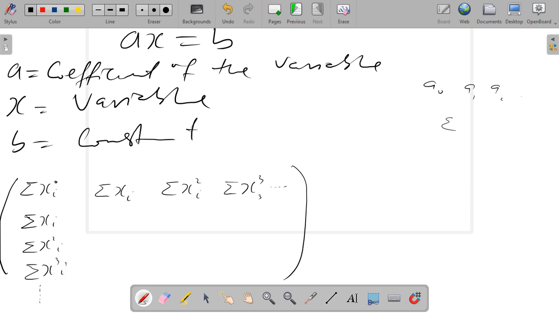Now to fill in this place, it will be just multiplying x and x to give you x squared, so I'm having summation x squared i. Here will now be what? Summation 1 and 2 to give you 3, x cubed i. And it continues like that. So for this side, this time this will give you summation x3 i.